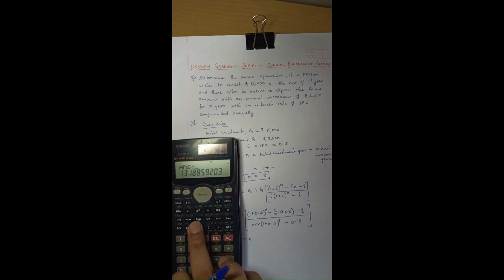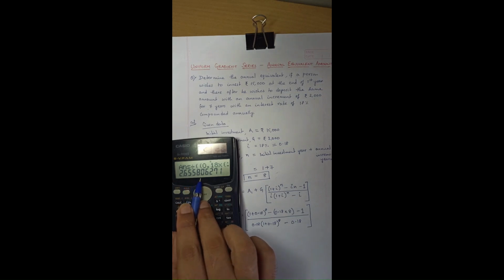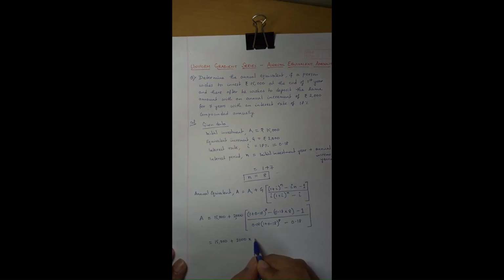This divided by 0.18 multiplied by (1 plus 0.18) to the power of 8 minus 0.18. This gives us 2.658. So I'll consider it as 2.656.